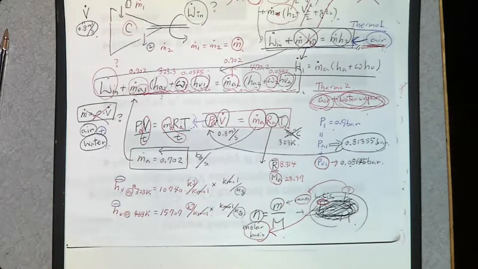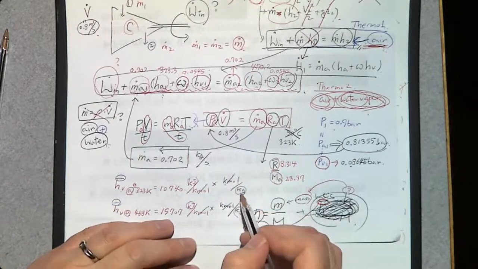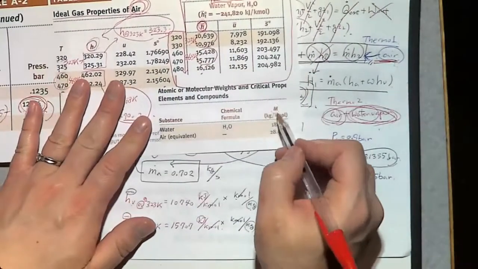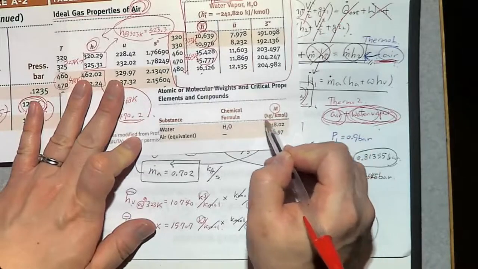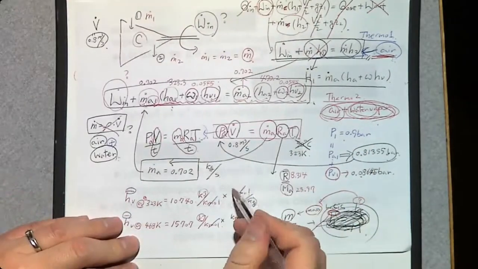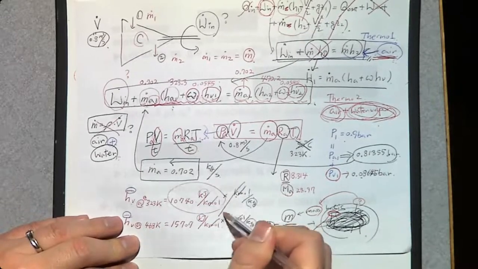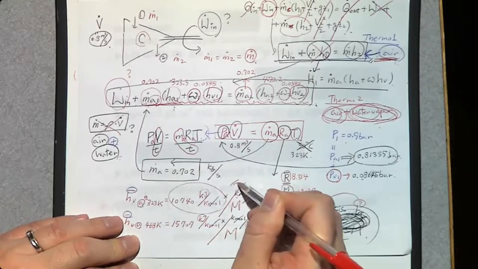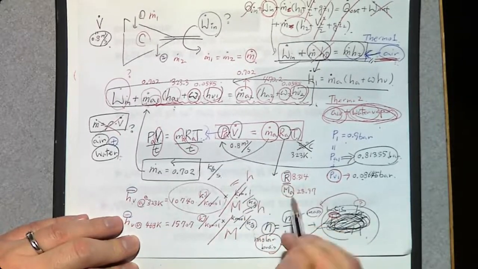So what is the property that has kilomole per kilogram? The molecular weight has a unit kilogram per kilomole, which is the inverse of this one. So you have to divide this value by molecular weight. Then you get H.